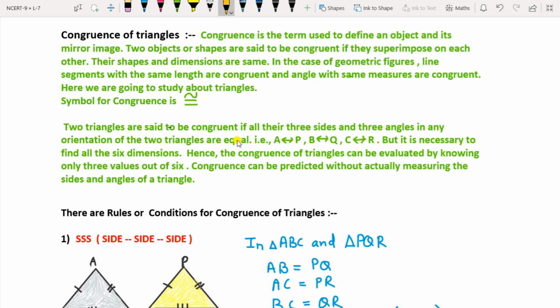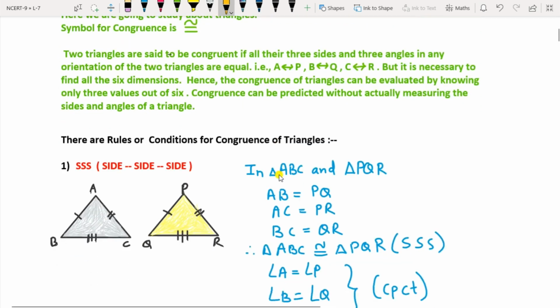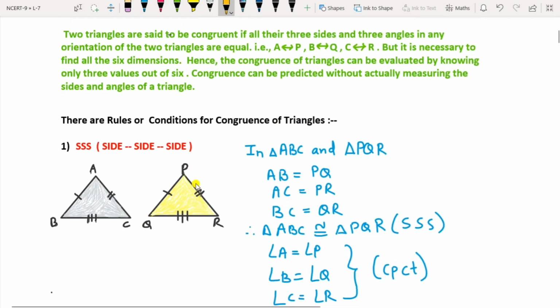So two triangles are said to be congruent if all their 3 sides and 3 angles are equal in any orientation of the two triangles. That is, suppose you take the triangles as ABC and PQR, A should be 1-to-1 corresponding to P, B should be 1-to-1 corresponding to Q, and C should be 1-to-1 corresponding to R. This is called 1-to-1 correspondence.